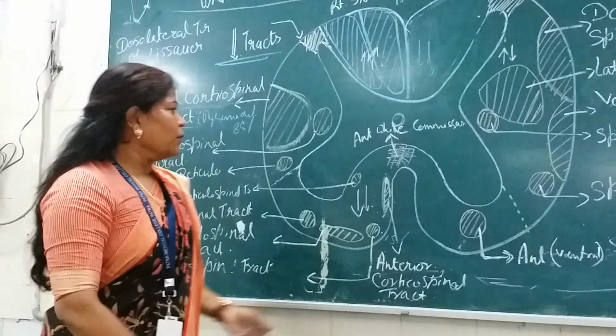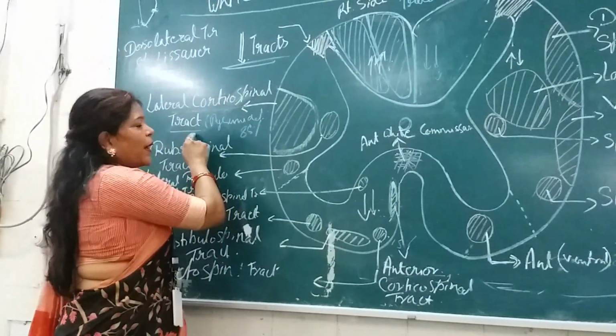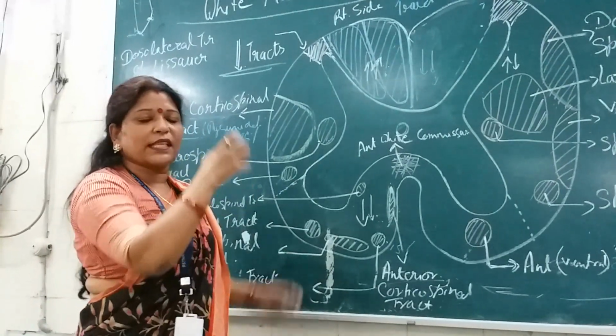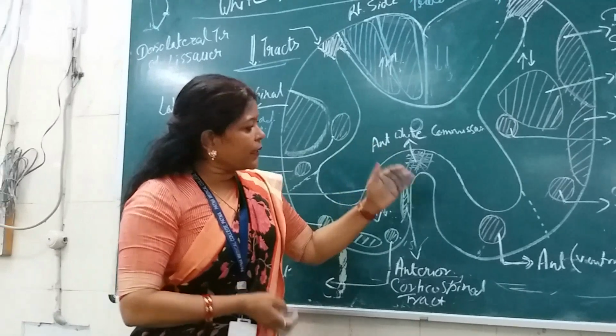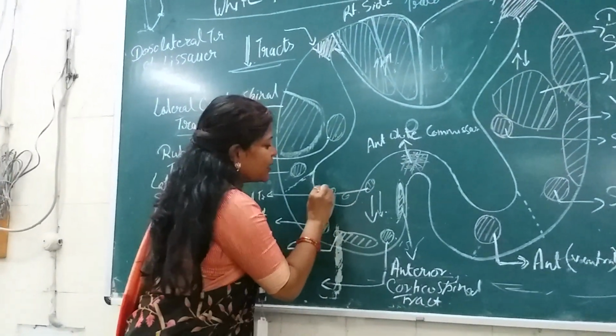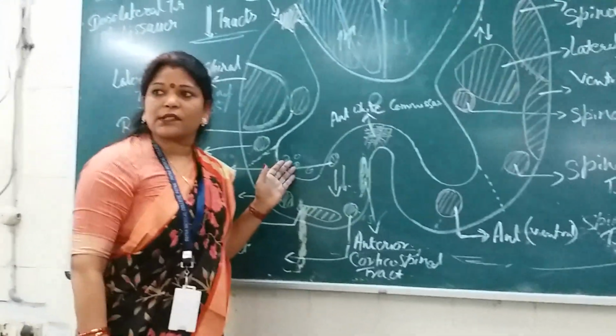Clear? So in this lateral funiculus, this lateral corticospinal tract, what is the function of these tracts which are coming from the cortex up to the spinal cord? Where should it terminate? These are the neurons in the ventral gray horn. Alpha and gamma neurons are sitting here.